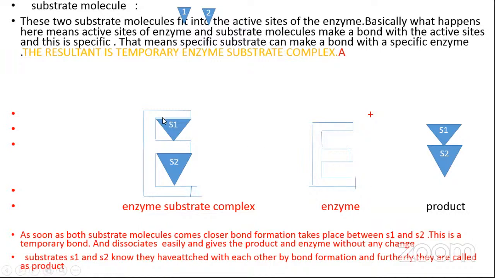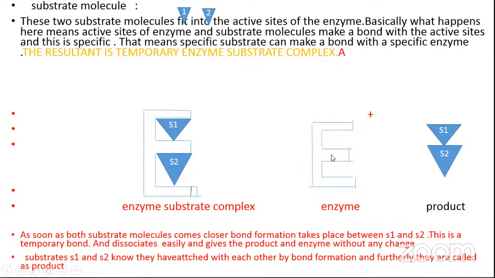So here what we have to understand is that, based on the shape of the substrate molecules, the active site of the enzyme selects the substrate molecules, and the substrate molecules come and fit in the active site of the enzyme and give a temporary complex, which is called the enzyme substrate complex.